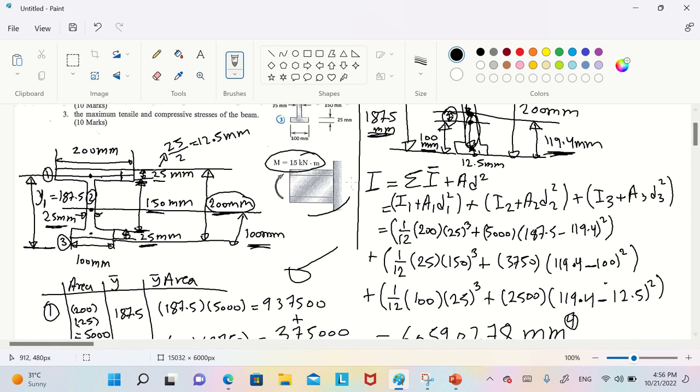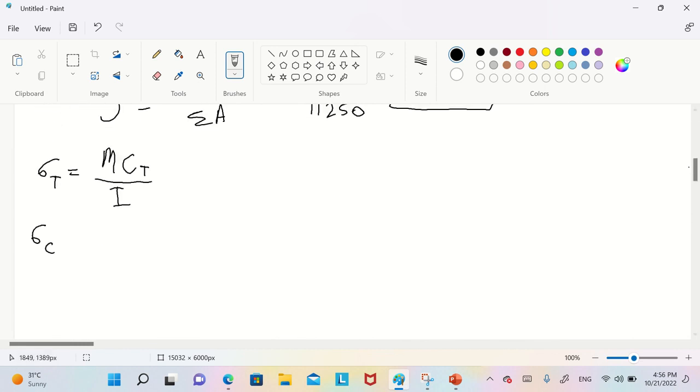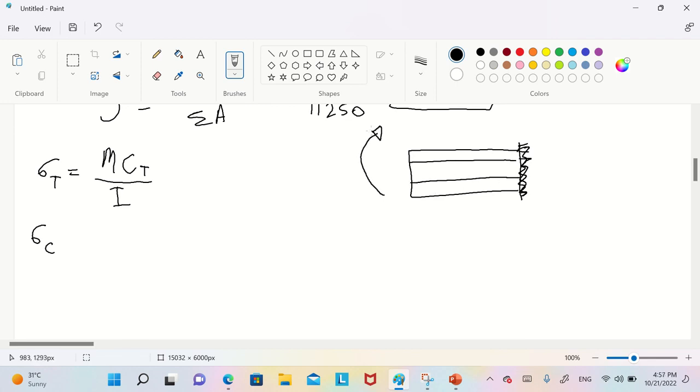Now as you see here, I will draw it again down. This is the moment. So here it's getting tension, and here compression.